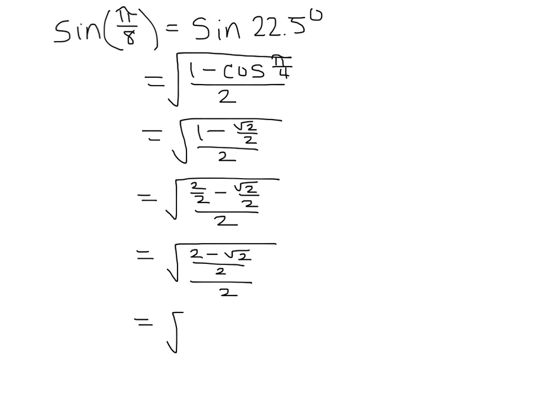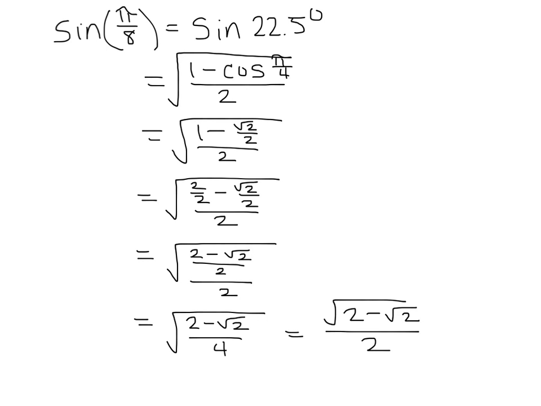So this gives you the root of 2 minus root 2 over 4. We can square root the 4, so the final answer becomes the square root of 2 minus root 2, all over 2. And that is the exact value for the sine of a 22.5 degree angle.